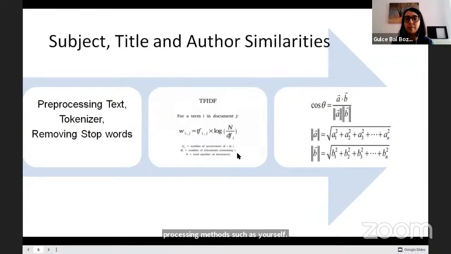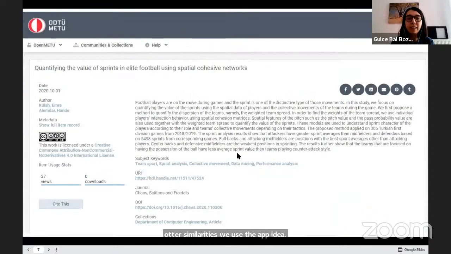For title, subject, and author similarities, we use TF-IDF. After extracting the feature vectors, we calculate the cosine similarity. We give different weights to each of the similarities to calculate the overall score. Our system recommends the most similar 5 items to the user.